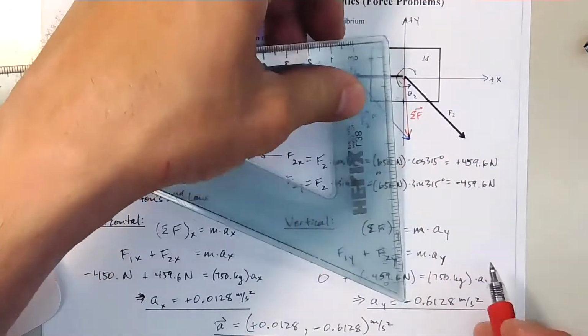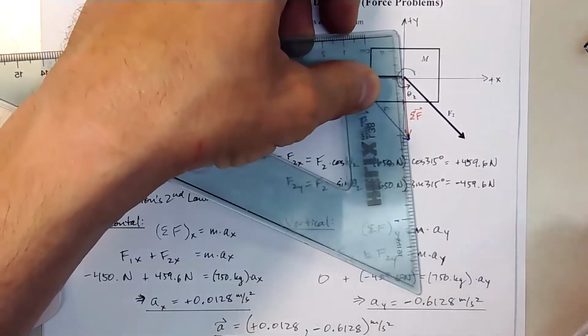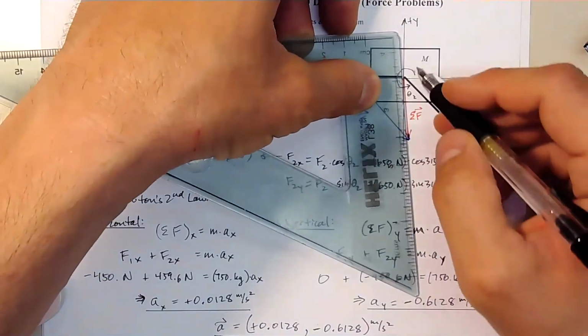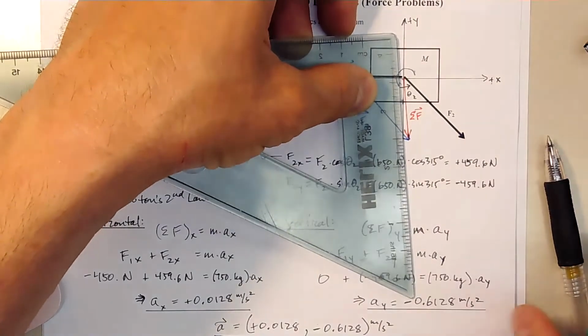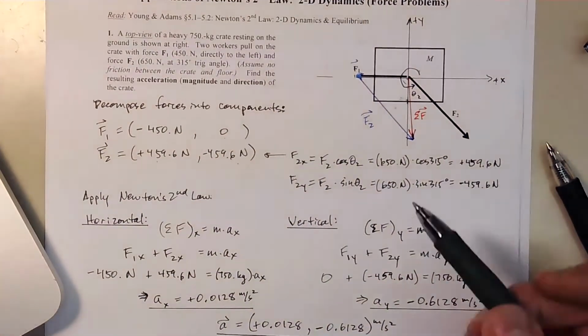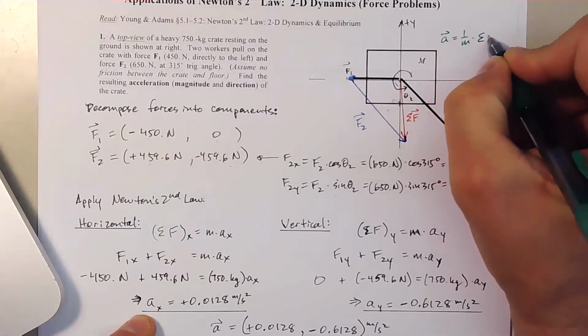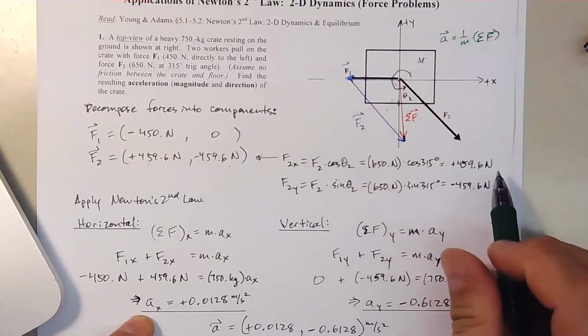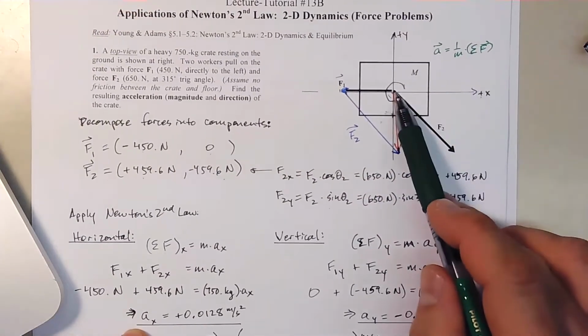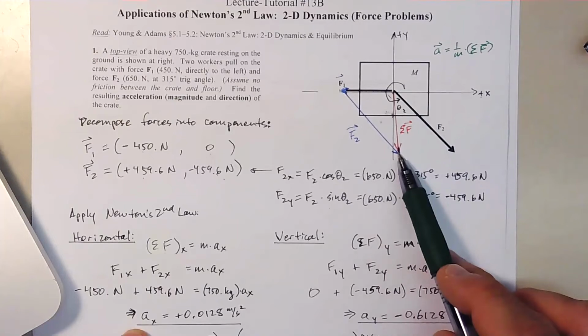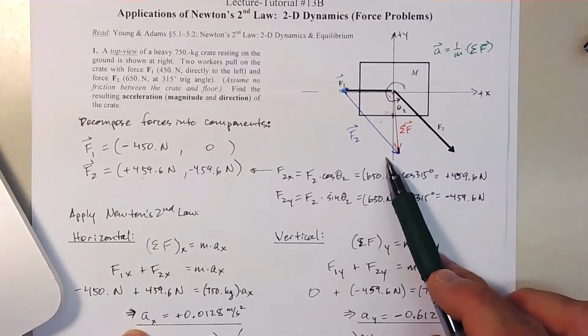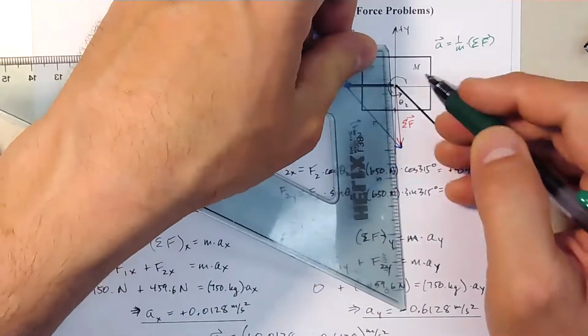And therefore, acceleration, I'll just get another color. We know from Newton's second law that acceleration has to be in the same direction as the net force vector. So if the net force vector lies down here, fourth quadrant close to the negative y direction, so does the acceleration.